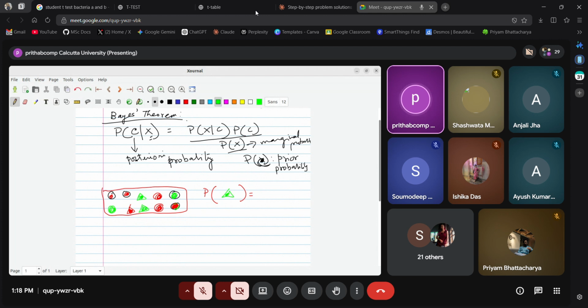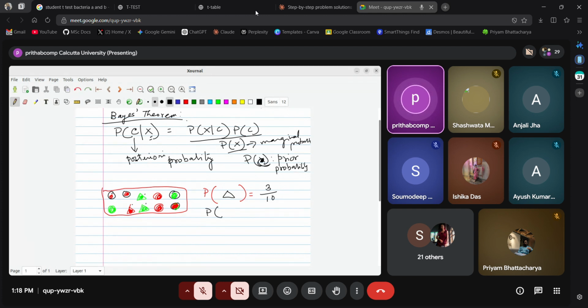So what is the probability of these triangles? How many triangles are there? 3, this and this. So I'll be writing 3 by 10.